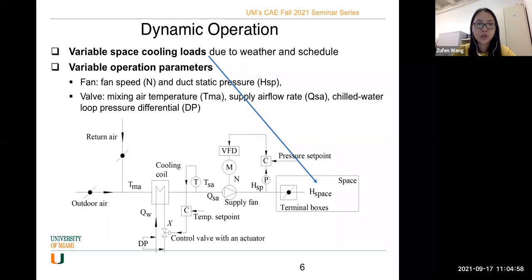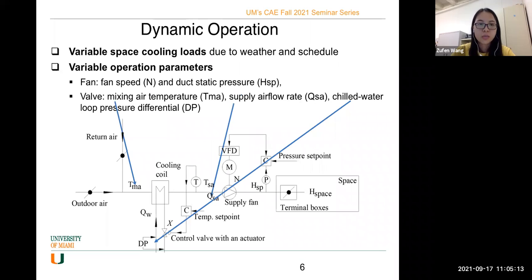For the fan speed control system, the variable operation parameters mainly are the fan speed and duct static pressure. For the valve control system, they mainly include the mixing air temperature, the supply air flow rate, and the chilled water loop pressure differential.